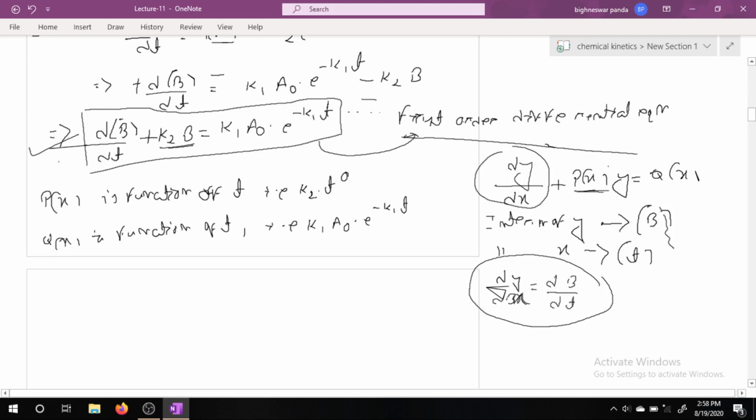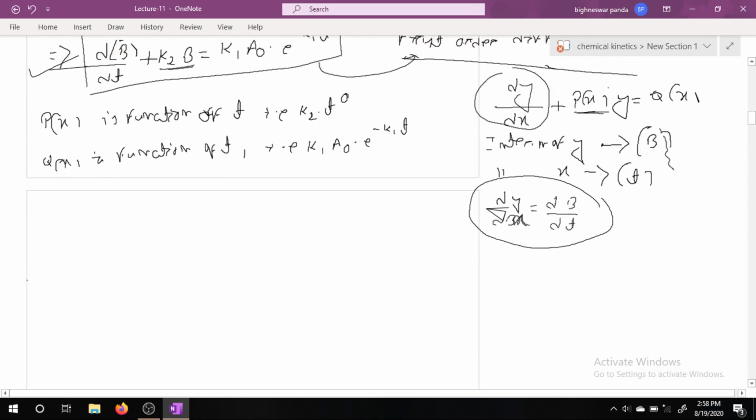In order to solve this first order differential equation, we have a procedure. We first have to calculate the integrating factor, which is equal to e to the power integration of P of x dx.